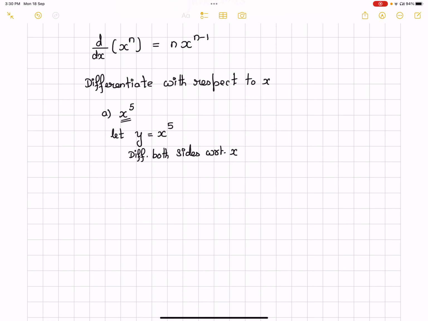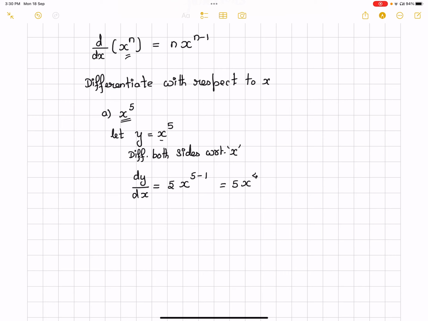WRT is with respect to x. So I would be getting dy by dx is equal to, now if you observe, it is x raised to the power 5, so it is of this particular format. In that case, n is equal to 5 here. So 5 into x raised to the power of 5 minus 1, instead of n minus 1. So 5 into x raised to the power 4.